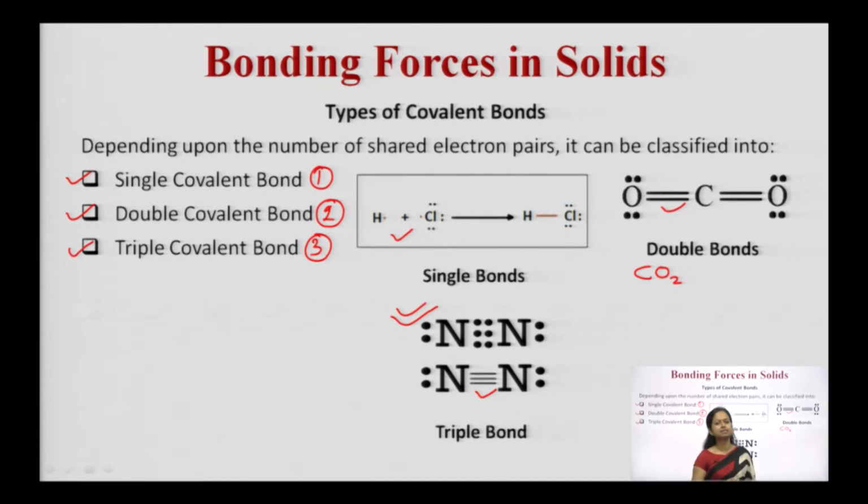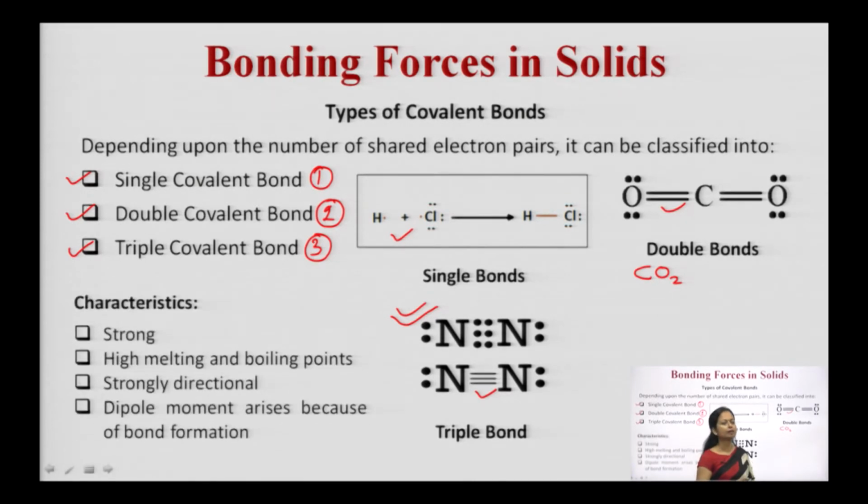Let us discuss some of the properties. Some of the characteristics of the covalent bonds are what? Covalent bonds are very strong. Covalent bonds have high melting and boiling points. Covalent bonds are strongly directional, meaning the direction is fixed.